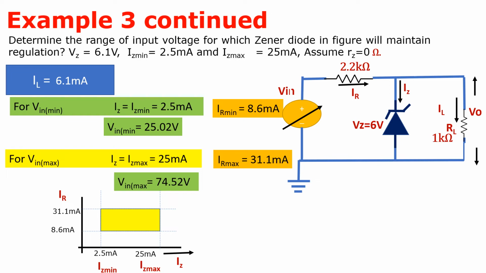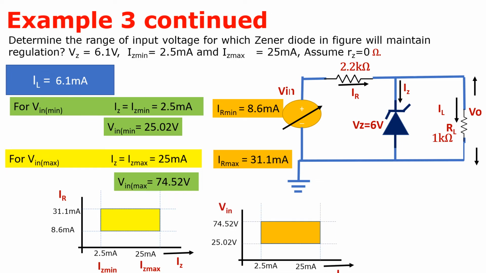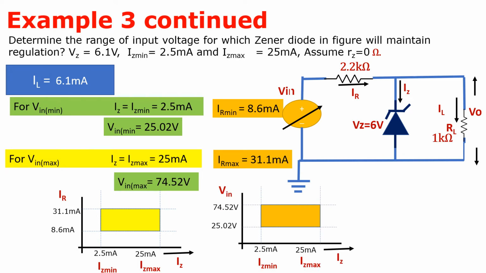And in this graph, you can see that if the Zener current changes from 2.5 milliamps to 25 milliamps, the input voltage changes from 25.02 to 74.52 volts. So this is the result of this example.